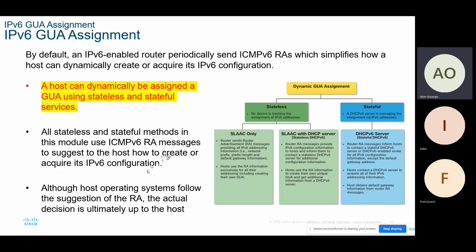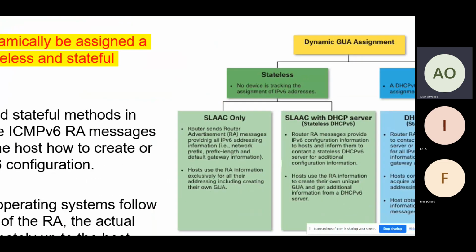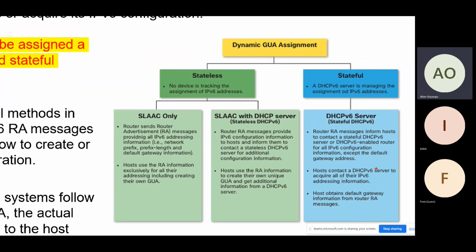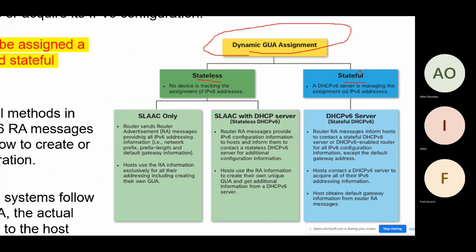I wish to discuss this table here because this is all we are going to discuss today. So under dynamic addressing for IP version 6, you can either do it in a stateless manner, or you can do it in a stateful manner.